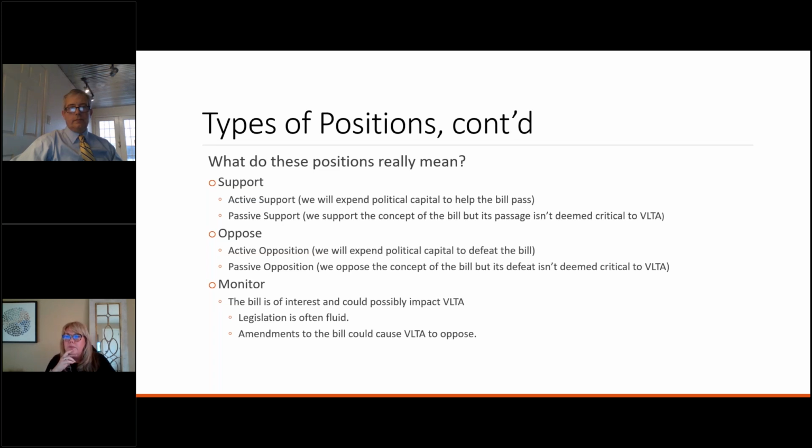So what happens when we oppose a piece of legislation? Again, just like with our support, we can actively oppose a piece of legislation or we can passively oppose it. If it's something that we have deemed through our review process as hurting our industry or some segment of our industry, we are going to expend our political capital.